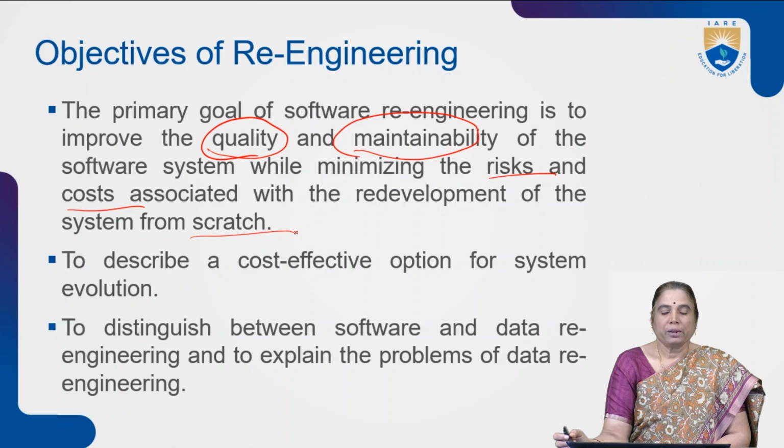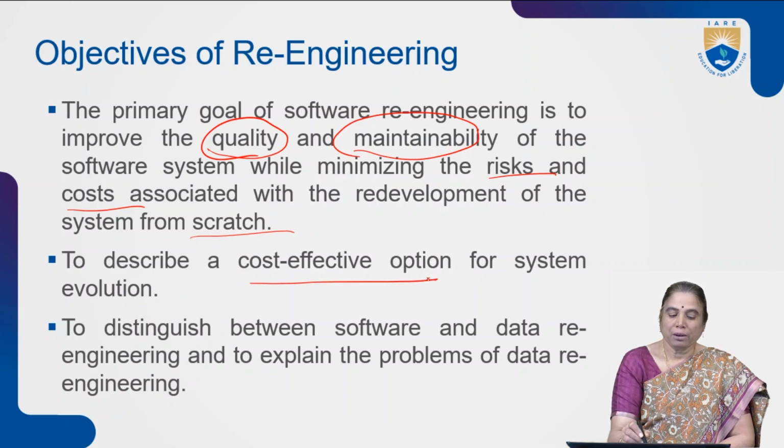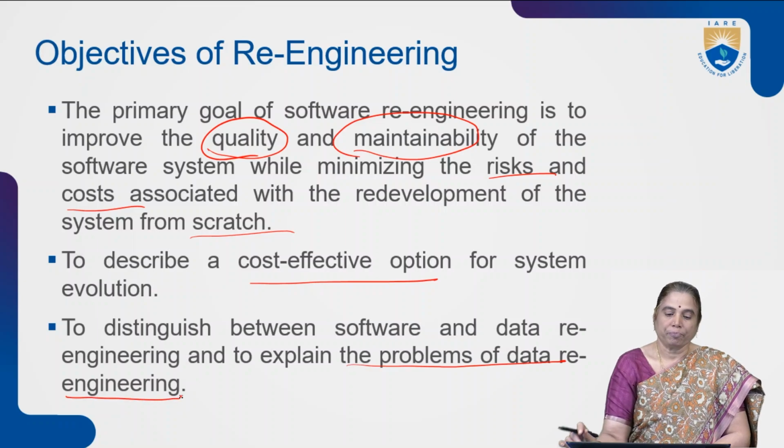So the reusable components are majorly focused in re-engineering to assess quality and maintainability with minimal risk and cost. So to describe a cost-effective option for system evaluation, to distinguish between software and data re-engineering, and to explain the problems of data re-engineering.